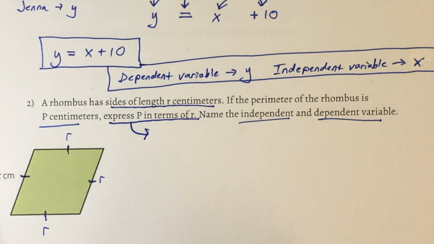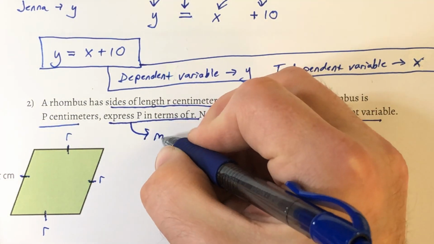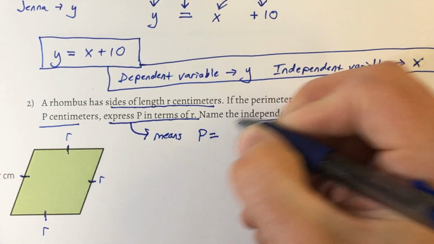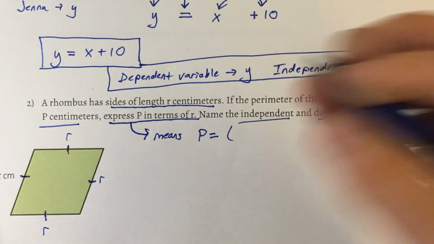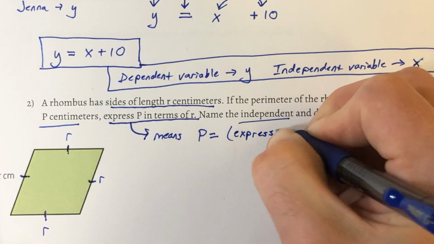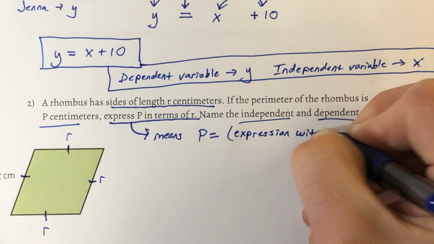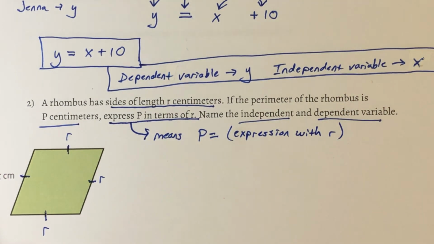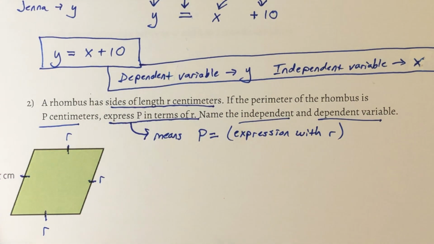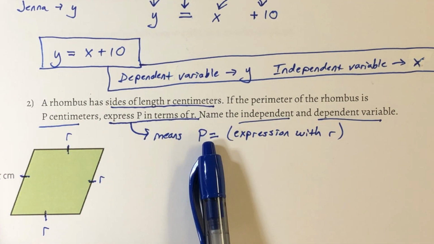Well, in this situation, express P means you're going to write P equals, and basically something with an R on the other side. So some expression with R. So express P in terms of R means start with P equals. So this tells you exactly how to start, with what letter to start with.